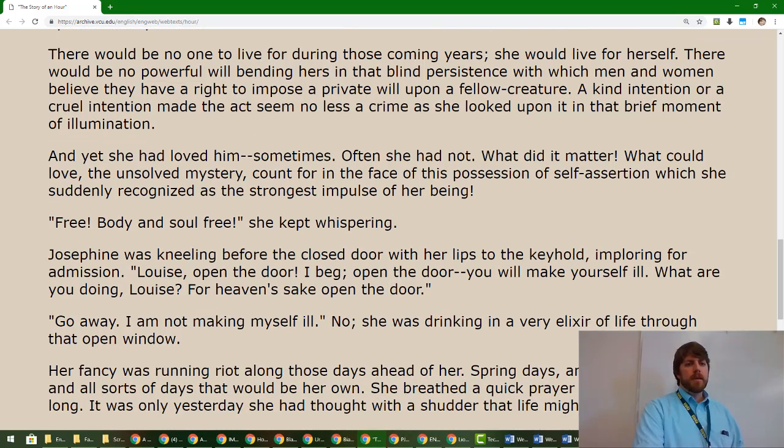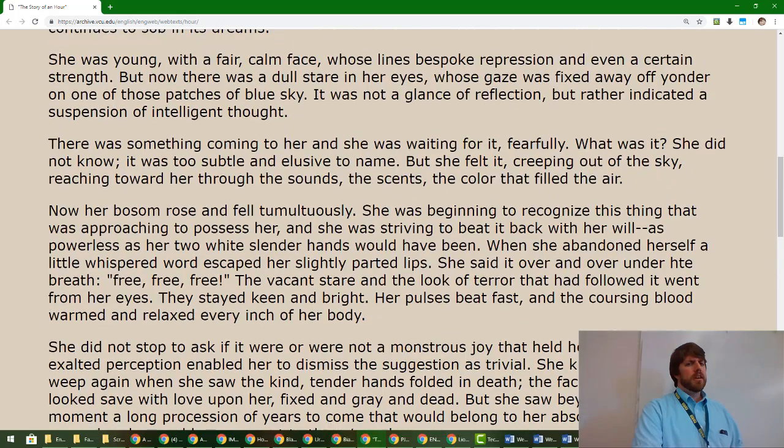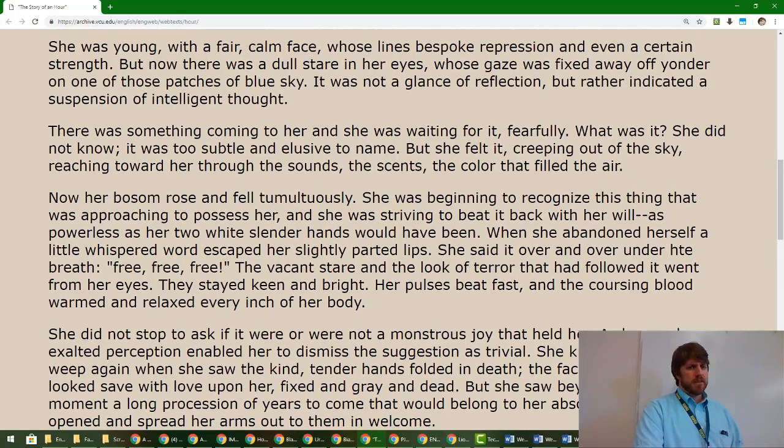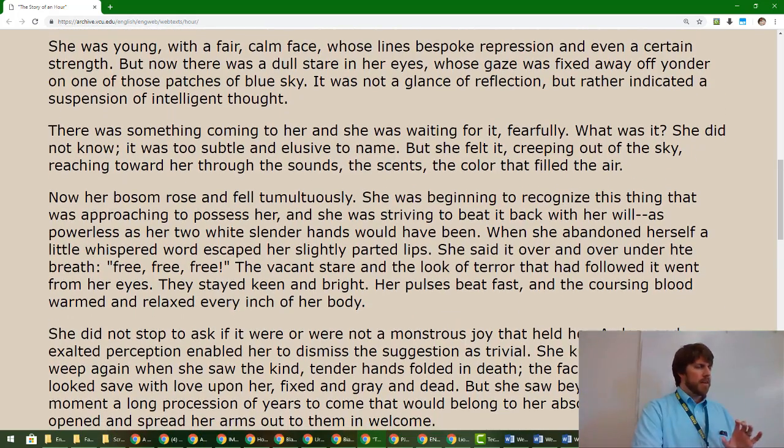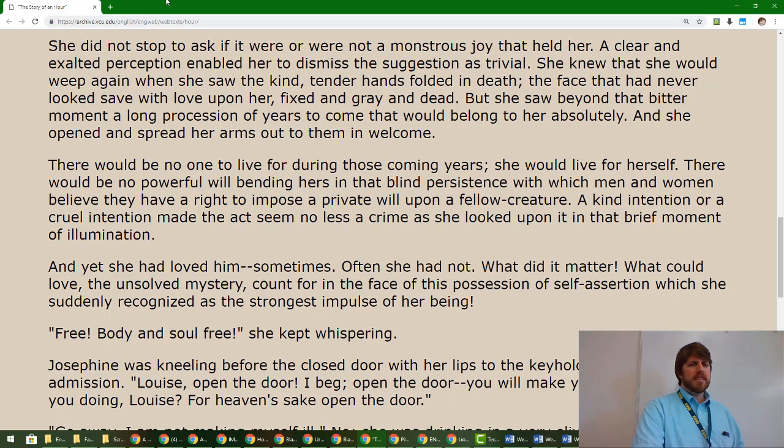But if you look, she says, and I think that the author's careful to approach it in this way. There's so much packed into this short space. She says here she did not stop to ask if it were not a monstrous choice. So she didn't stop to think about whether she was a monster for feeling this way.